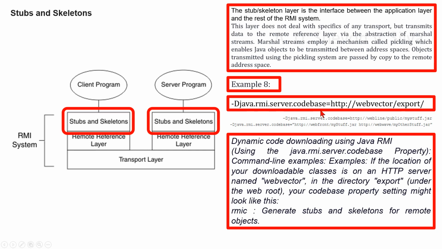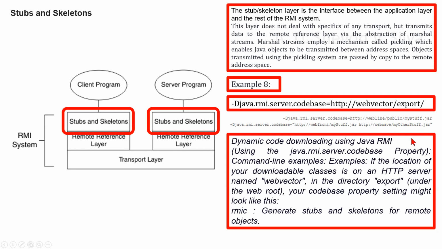And if the location of your downloadable classes is in a jar file named mystuff.jar on the HTTP server named webline, in the directory public under the web root, your codebase property setting might look like this.